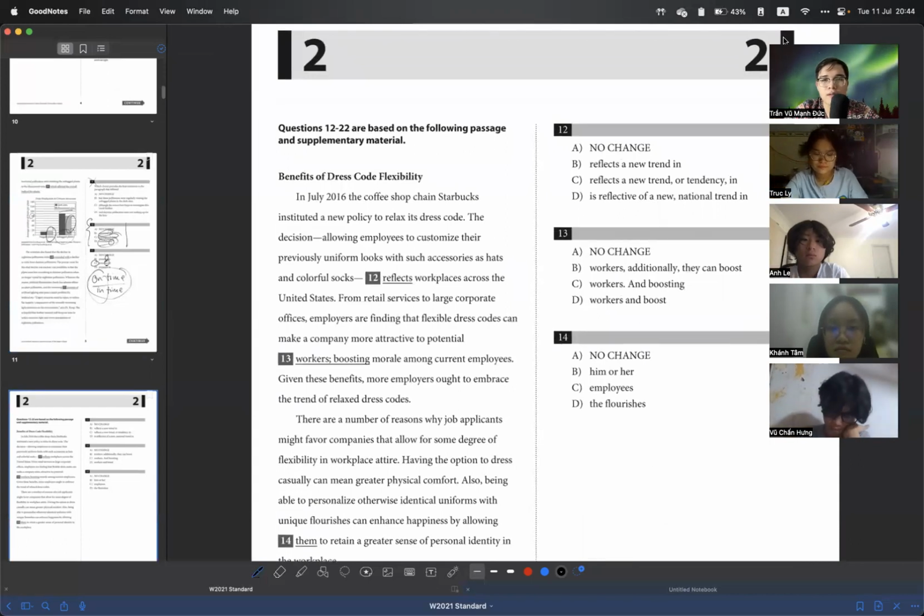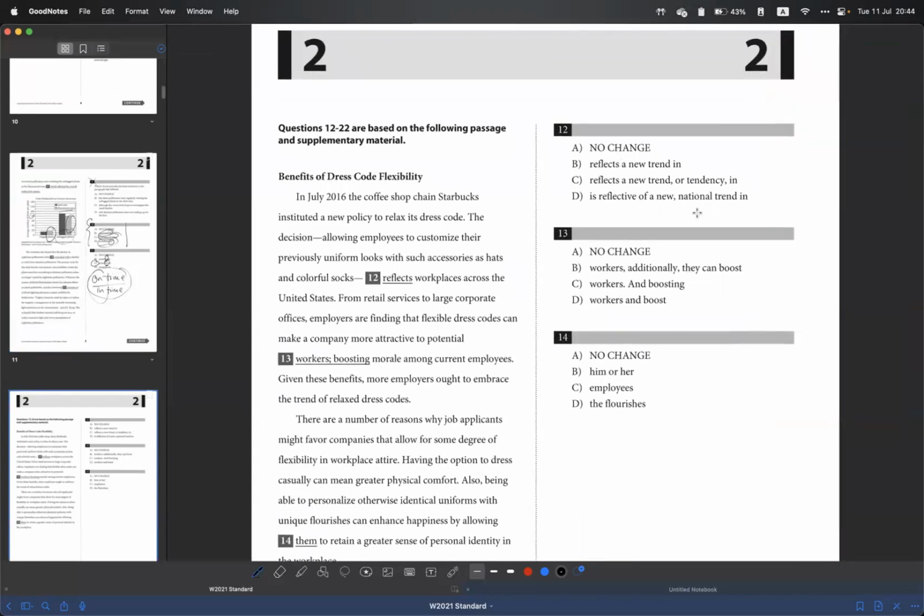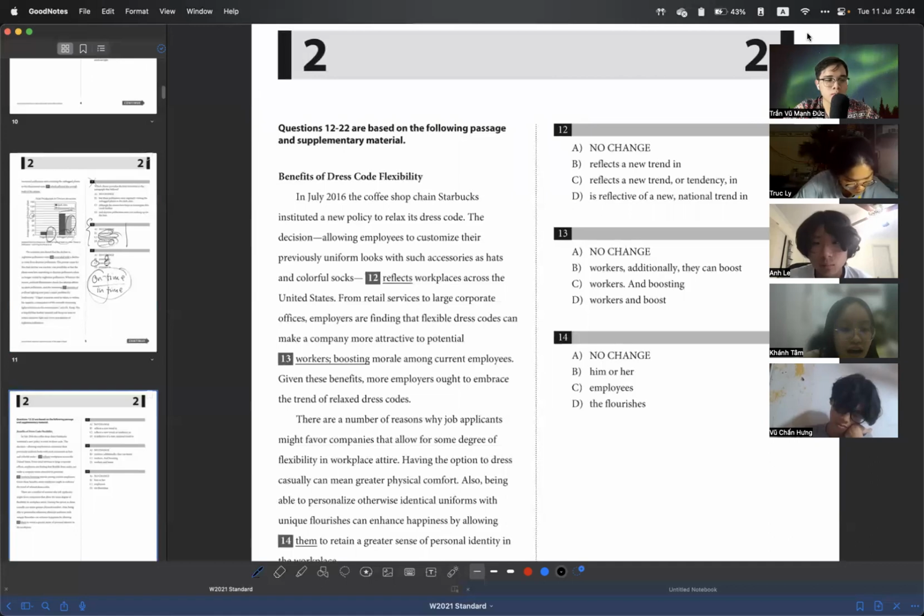12th. Let's see. Can you do it? I choose B. Why did you choose it?